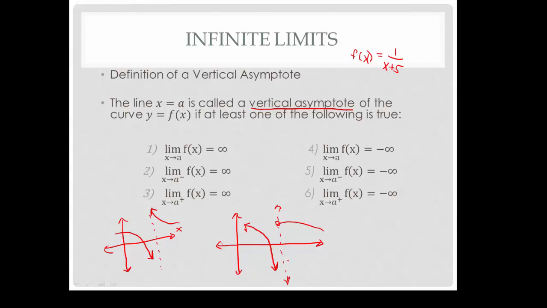Nothing has changed. But it doesn't have to approach positive or negative infinity on both sides. This is still a vertical asymptote because if you come at this value, whatever that is, from the left side, the function value decreases without bound or approaches negative infinity. It only has to happen once for it to be a vertical asymptote.